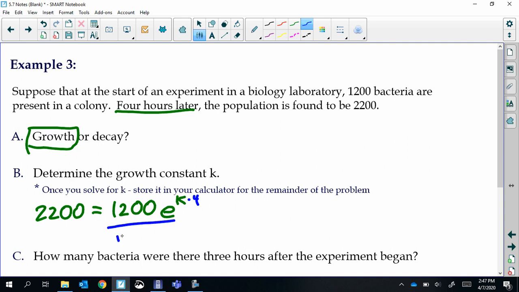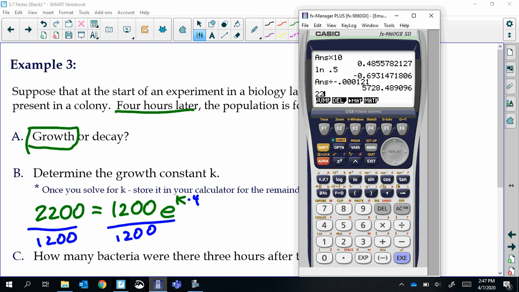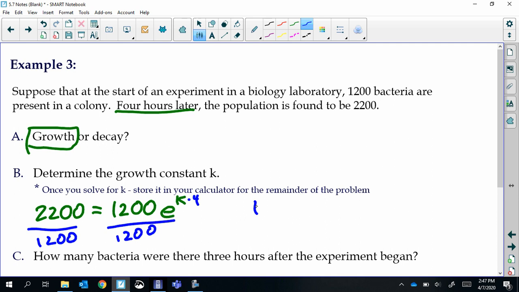So we're going to solve this out, divide it. You get 1.8, or you could leave it as a fraction, 11 over 6. And then again, the variable's in the exponent, so we natural log both sides.